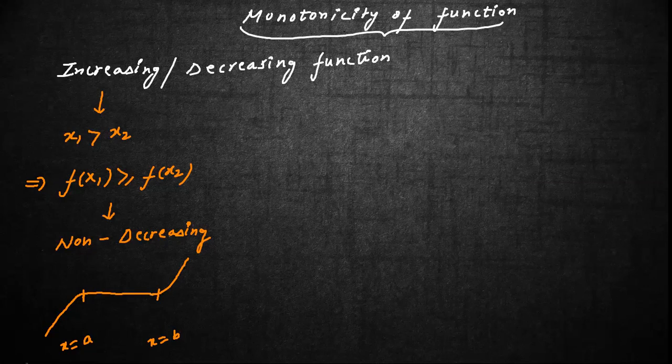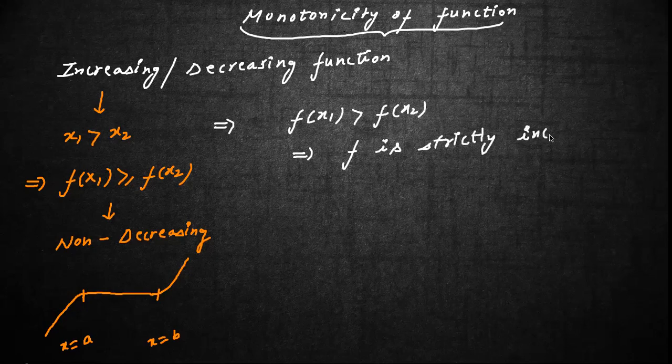But apart from this, if we have x1 greater than x2 implies f of x1 greater than f of x2, then we say that the function f is strictly increasing.